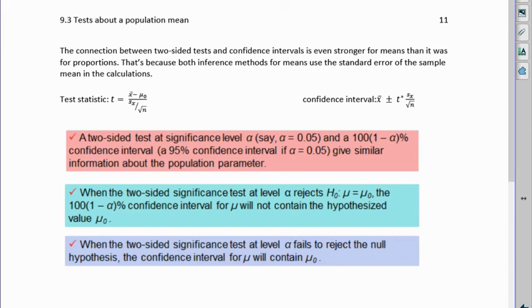So there's a slightly different standard deviation used there, just very slightly different. But with the means, you're using the exact same variation. That's why it's so highly connected. And two-sided tests are generally what we're doing unless you are very specifically wanting something to be higher or lower.